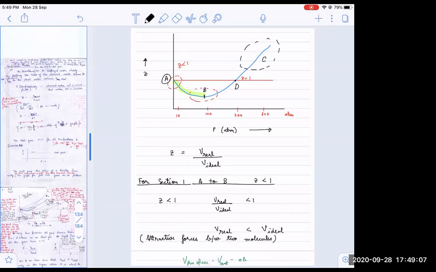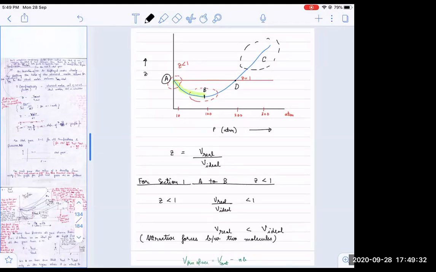That volume cannot be infinitely small or zero. Solid and liquid also have some volume. Their volume cannot approach zero. We say that gas volumes are more compared to solids and liquids, but solids and liquids have some volume at least.